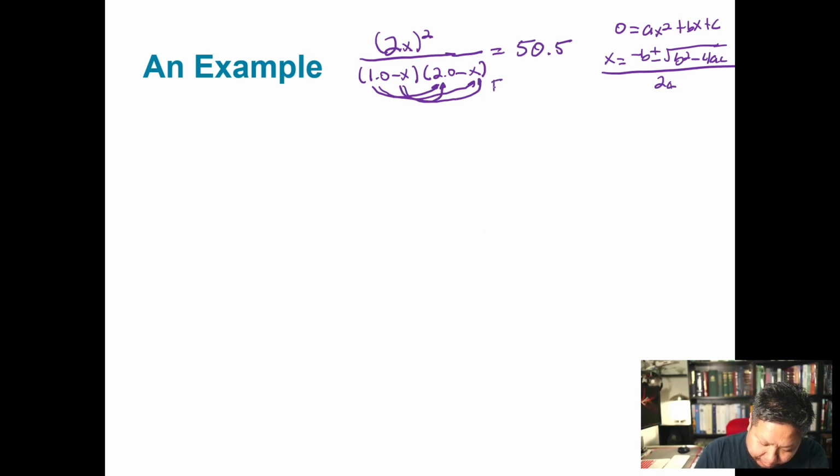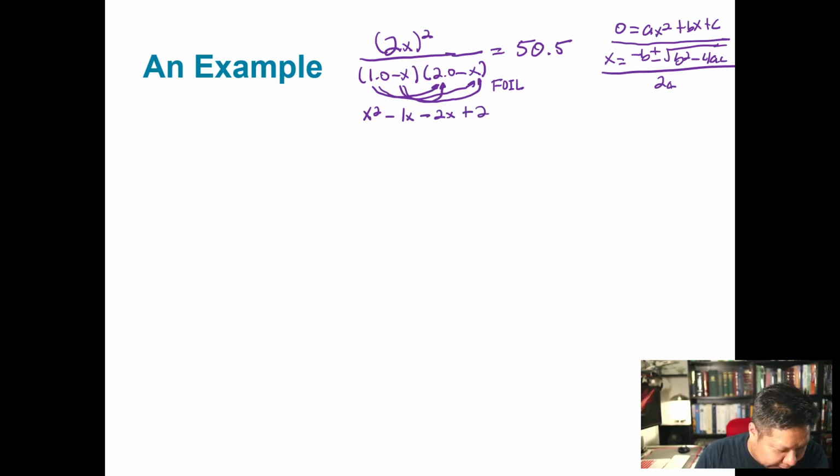So this step is called FOILing, and that's what I would do as my first step to getting the equilibrium expression to look like the quadratic form. So when I do that, what I'm going to end up with is x squared minus 1x minus 2x plus 2, okay?